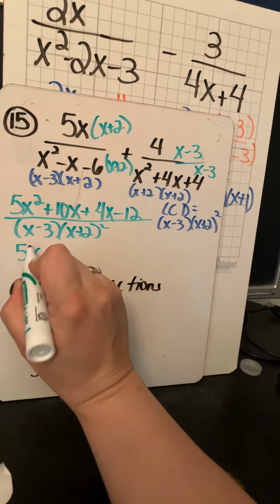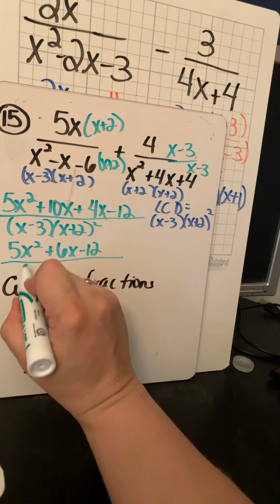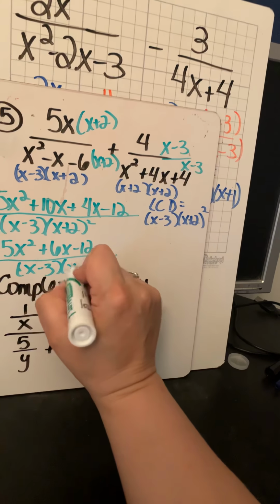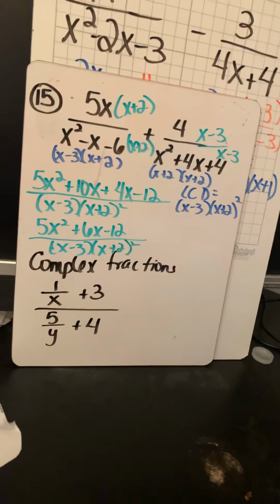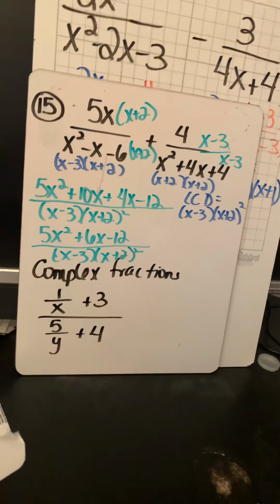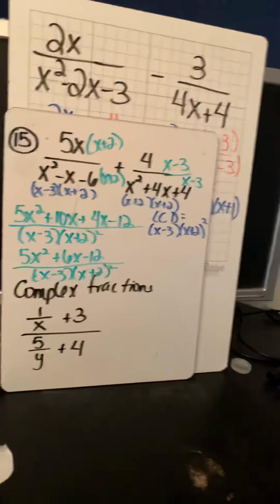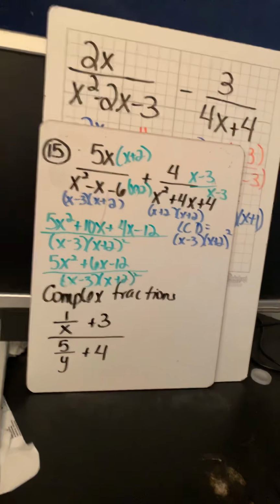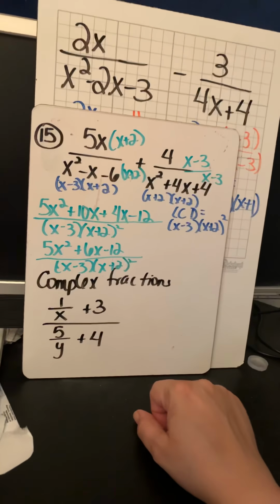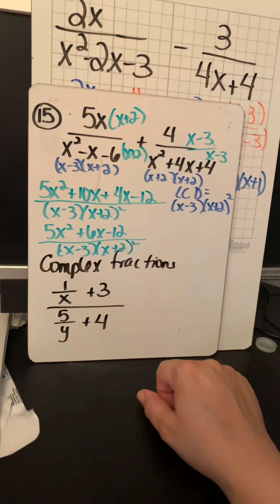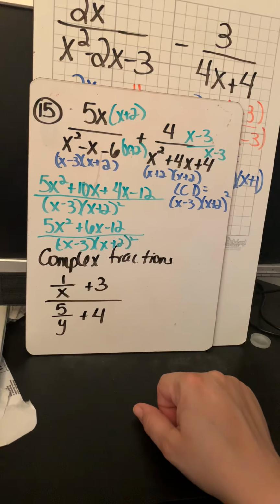So I've got 5x squared plus 14x minus 12 all over x minus 3, x plus 2 squared. So as long as you get those denominators the same, state that LCD. I want to see your LCD. Make sure your denominators look like that LCD, and you should have no problem with it. The rest from there is just basic algebra, distributive property, addition and subtraction property of equalities.